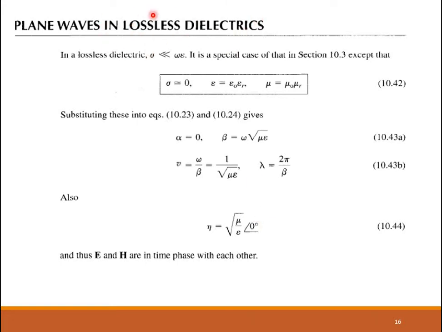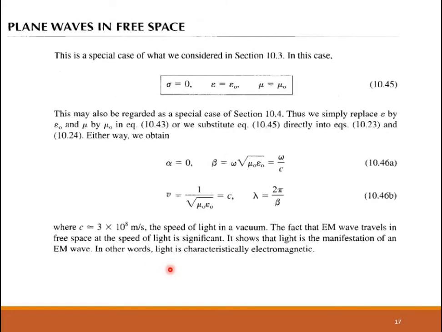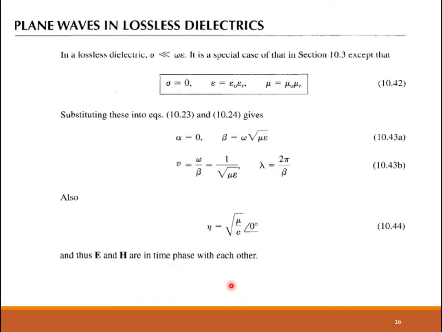When a plane wave propagates in a lossless dielectric, the E and the H are in time phase with each other. There is no phase shift. E and H are in time phase with each other. So that is what you're supposed to know about the lossless dielectric.